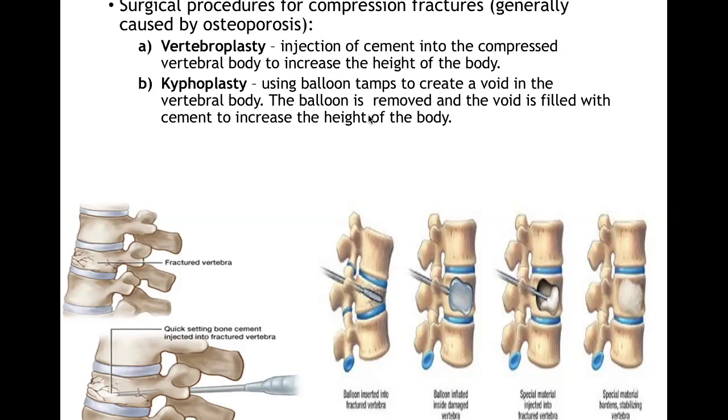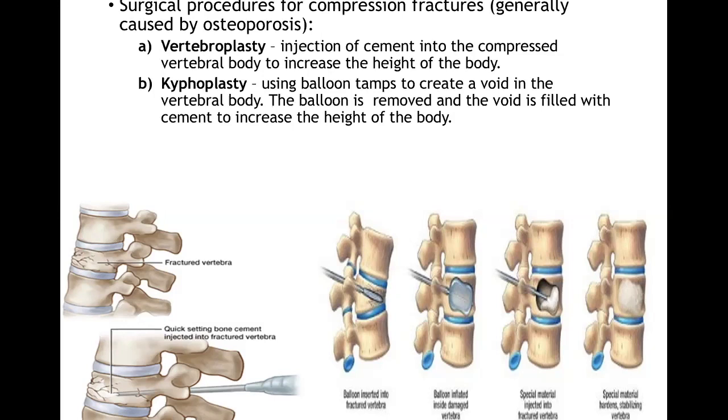Then when we talk about a kyphoplasty, please know the difference between the vertebroplasty and the kyphoplasty and what it is used for. With the kyphoplasty, we're using balloon tamps to create a bigger hole in the vertebral body. They go in with this deflated balloon, so to speak, and then when they're in there, they're going to inflate it to create that higher vertebra because it's been compressed.